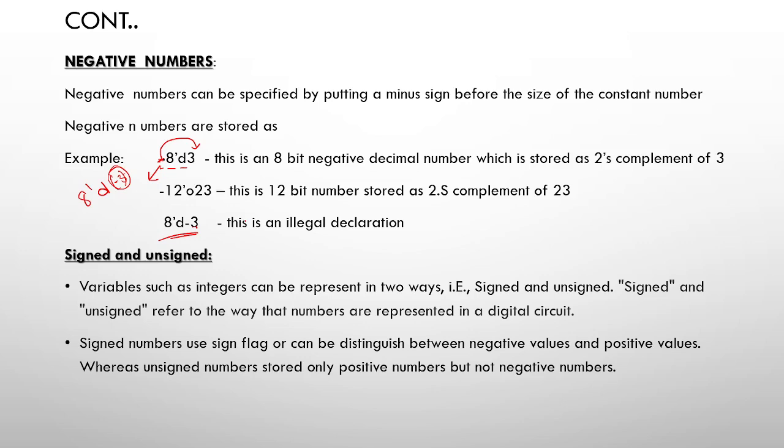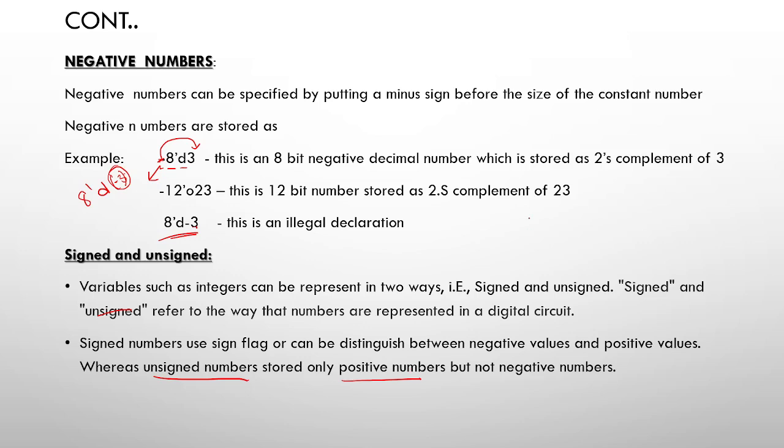Generally, we will be using signed and unsigned categories. Unsigned means it can store only positive numbers, whereas signed means it can store both positive numbers as well as negative numbers.